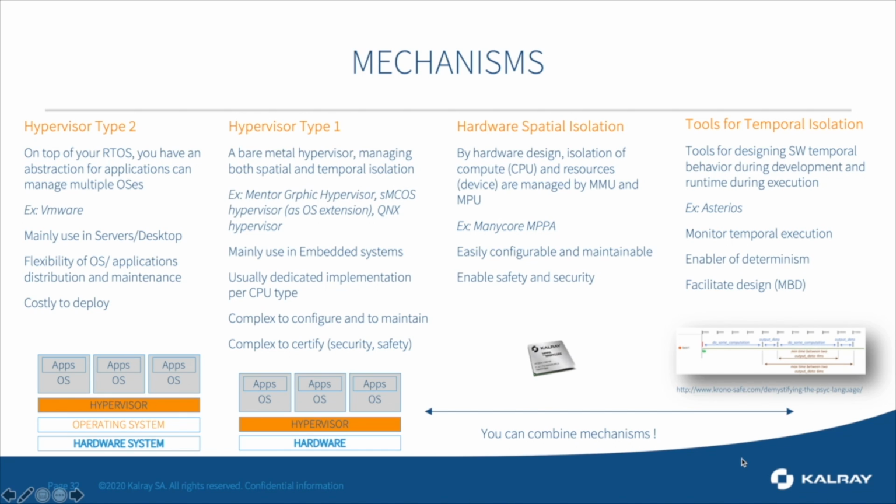And you have tools to design, to program, to monitor and to debug your temporal isolation. An example is an OS provided by Chronosafe, called Asterios, that helps you, as illustrated here, take care of all the timing that we have seen in the beginning of this presentation.